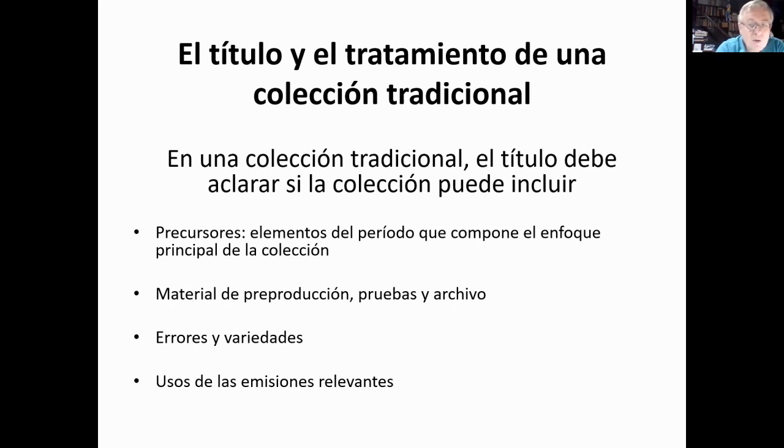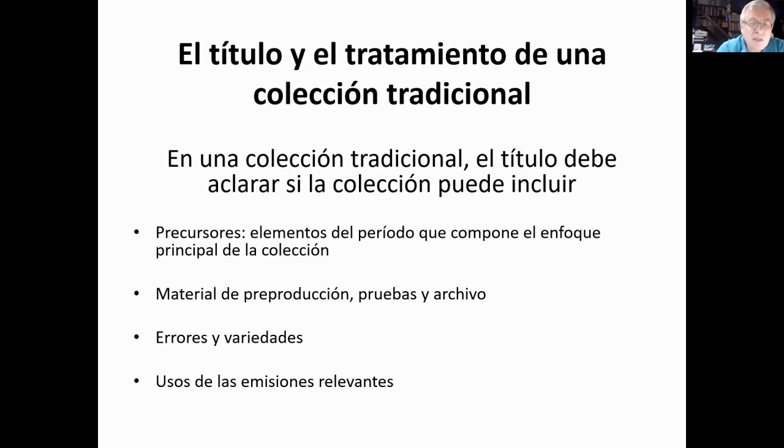The title also should give a sense whether the exhibit will include pre-production, proof, or archival material. Will it include proofs from, if it's a country that used Waterloo and Sons, will there be material from the Waterloo archives? If it's a country that used the American Banknote Company, will there be archival material from the American Banknote archives?